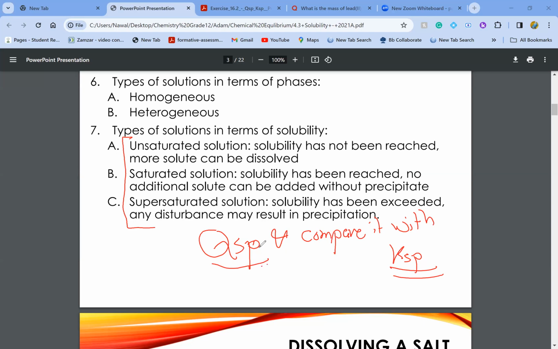If QSP is bigger than KSP, then my solution is supersaturated. And we will talk about it. But he expected that you know at least the meaning of supersaturated. Supersaturated means that we dissolve more solute than the solvent can normally allow.